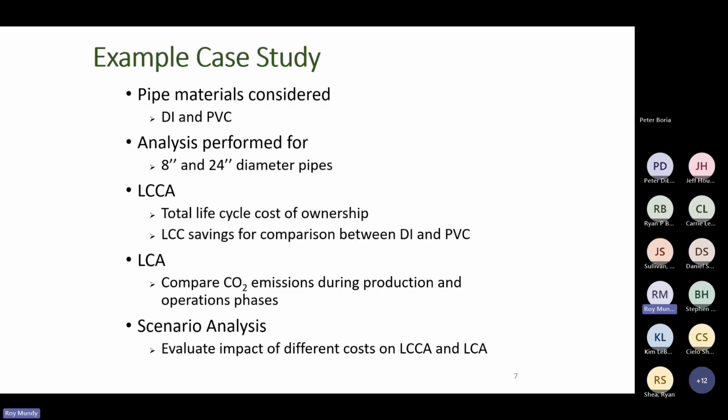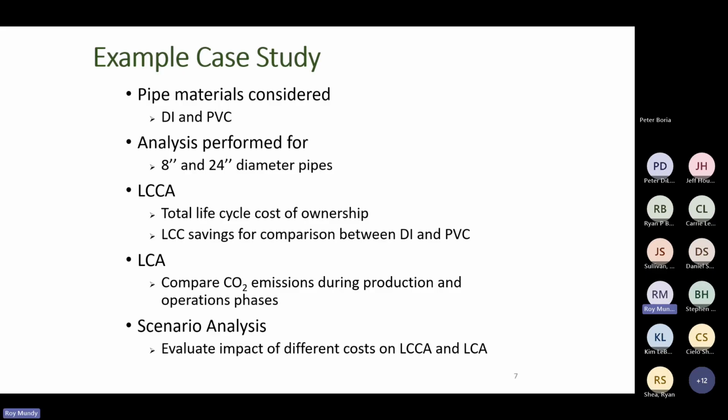You could look at steel pipe, PCCP pipe, or FRP pipe. But the reason they looked at ductile iron and PVC was that they are the two most prominent materials used in the drinking water industry in this country.